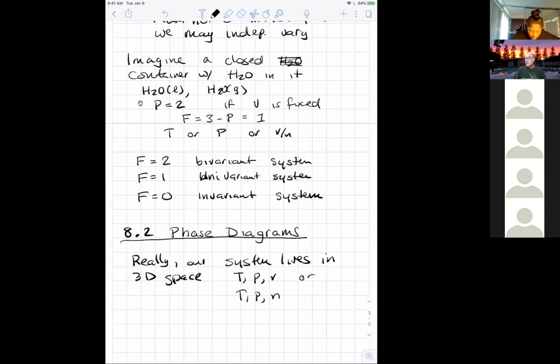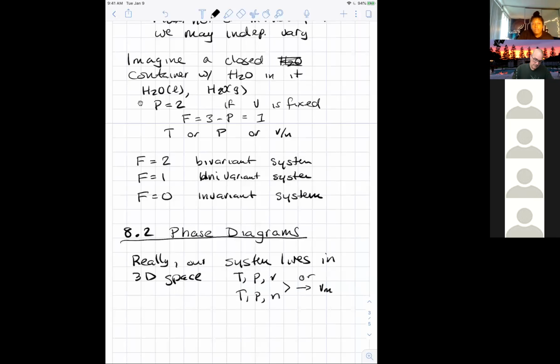Now, very typically, we'll talk about constant number of moles. We'll talk about things per mole. So we may put these two things together to get molar volume, but then that's still a third variable that we're going to talk about, right?